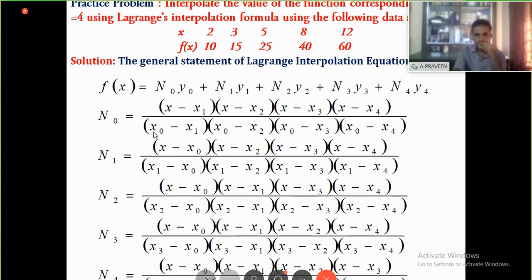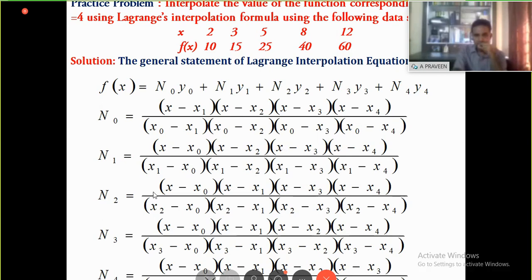Now if you come to N1, the second polynomial, you can easily see x minus x0 comes on top, x1 cannot be there, then x minus x2, x minus x3, x minus x4. The denominator is (x1 minus x0), (x1 minus x2), (x1 minus x3), (x1 minus x4).